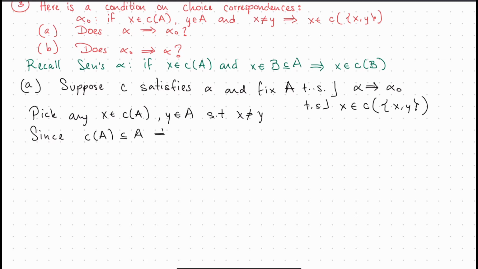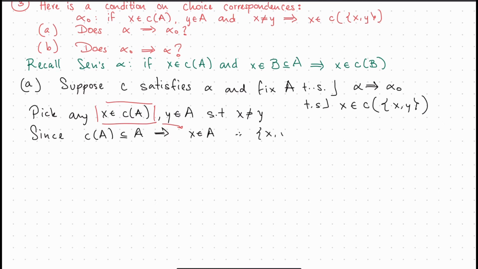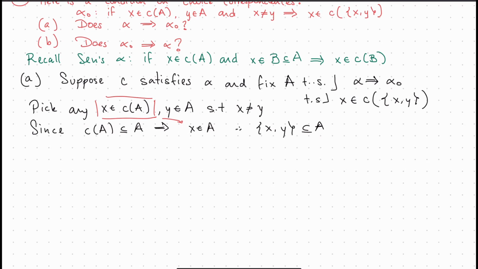By this condition right here, the red one, it must hold that x is also a member of A. Therefore the set xy is a subset of A. We are saying that C satisfies alpha, because we're supposing it, and we're using it to prove that alpha implies alpha 0. This follows trivially from here.